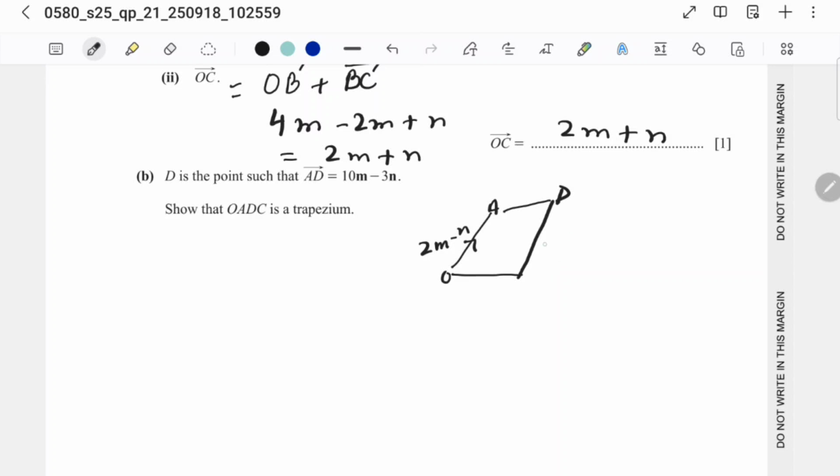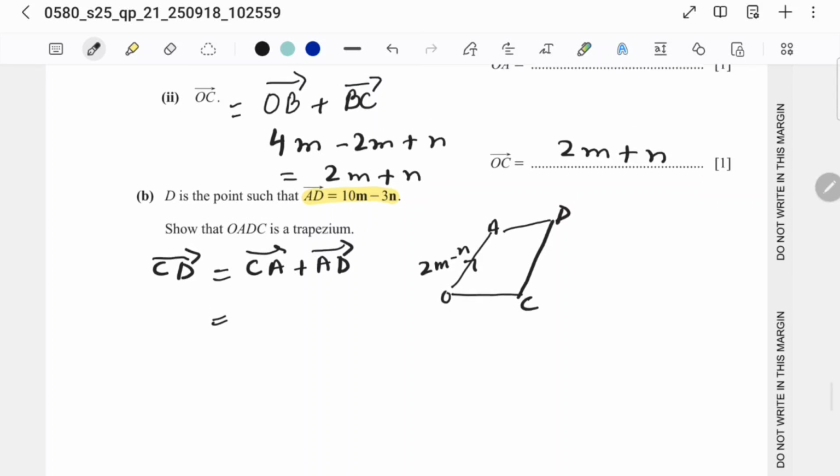So it is given OADC. So here C to D is required, which is the question. So OC also we know that. Okay, so CD is equal to, we have to join with AD, which is the information given. Always we do like this. So CA plus AD. Okay, so how much is CA?